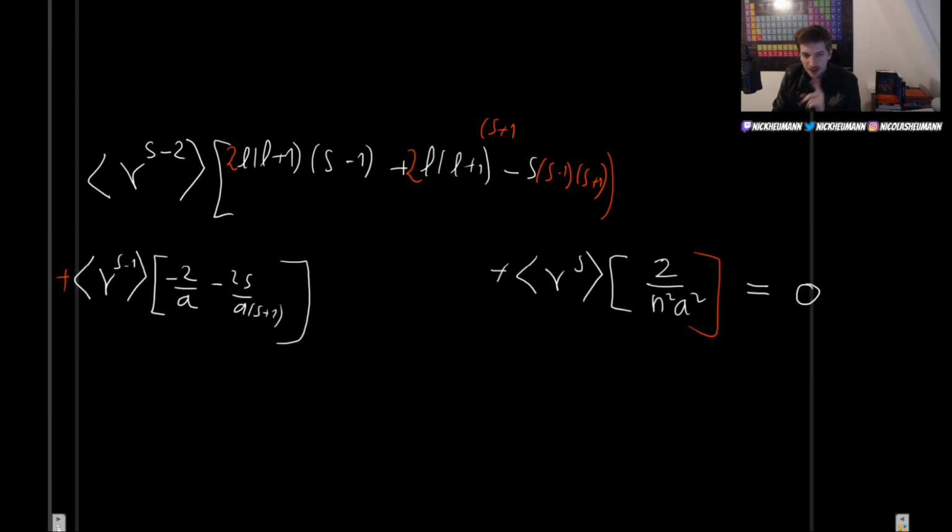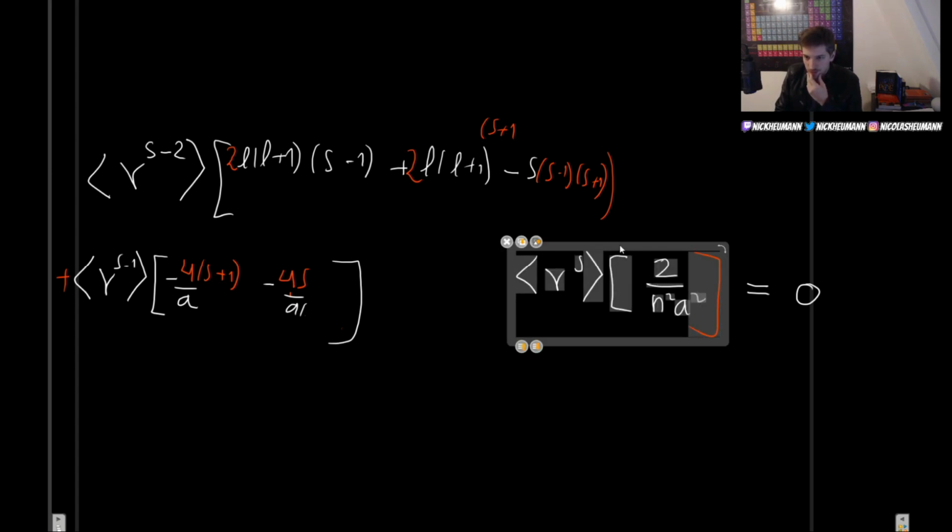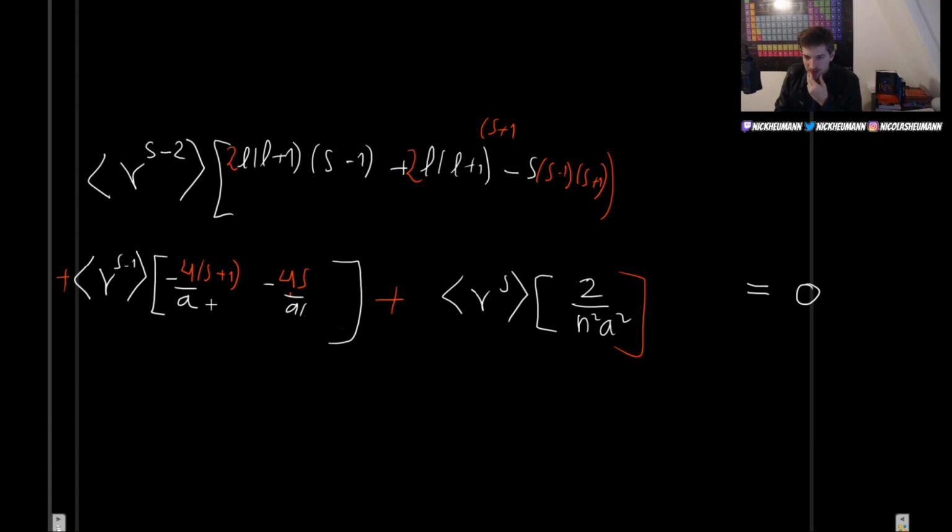All right, so when we multiply by 2 times s plus 1, then the first term here will now be a 4 s plus 1, and this will be 4, but the s plus 1 in the denominator will be gone. So it's going to be minus 4s here. Okay, and then here, well, this is probably the simplest one. We will get plus, instead of 2, we will get 4 s plus 1.